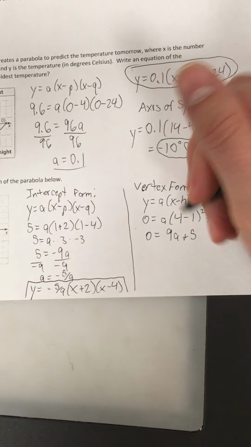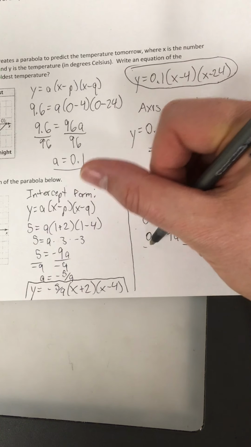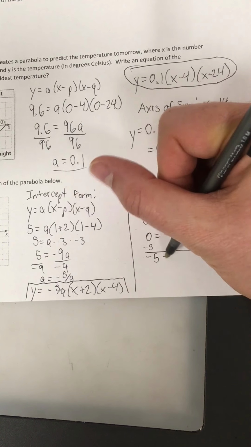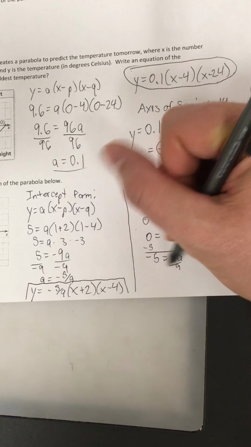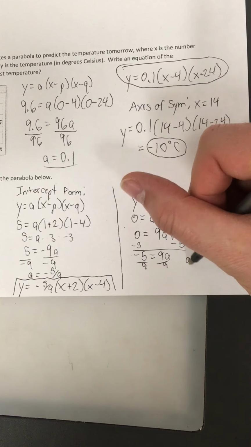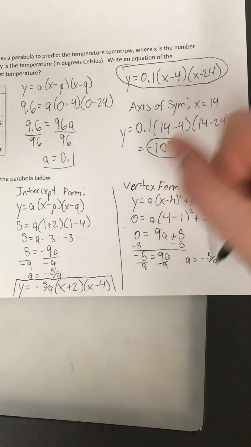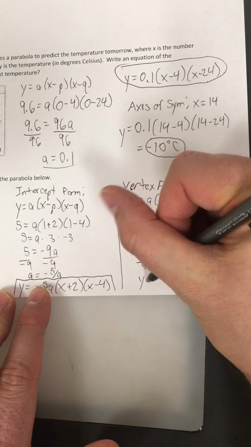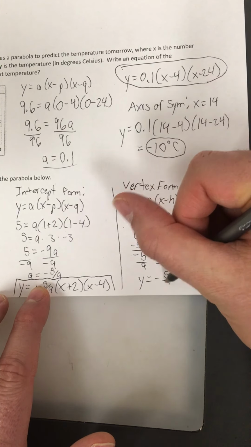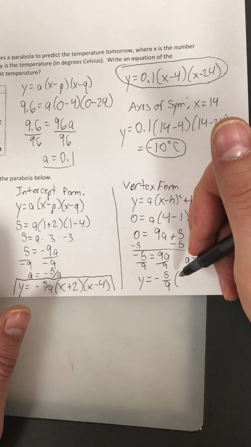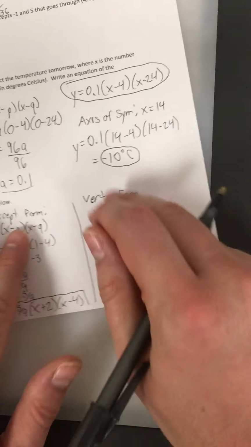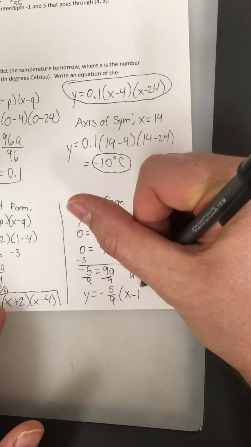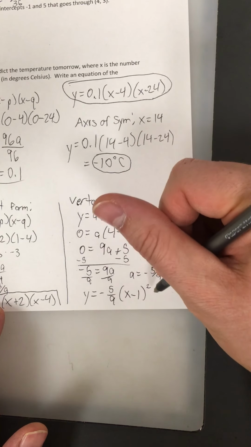And that will give me the same value for a. If I subtract 5, negative 5 equals 9a. Divide by that 9, it's telling me a equals negative 5/9. Same as that one. So that means my equation in vertex form would be y equals negative 5/9 (x minus 1) squared plus 5.